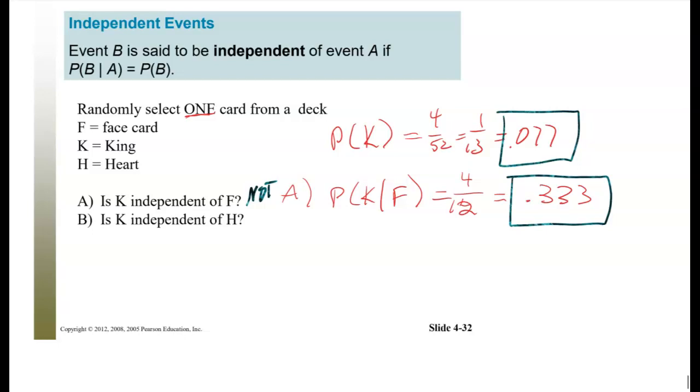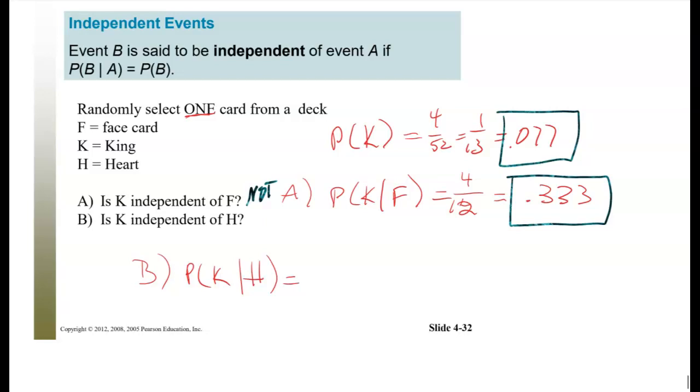Let's take a look at B. We already know the probability of K, so let's take a look at the probability of K given H. What's the probability of the king given you have a heart? Remember, we're going to limit our sample space now down to just hearts.